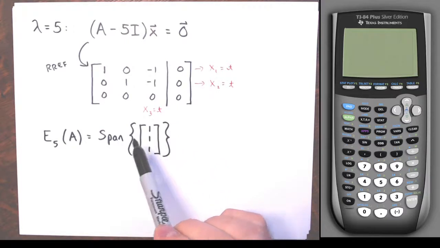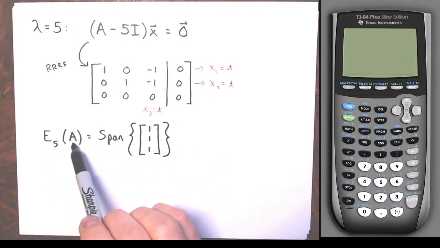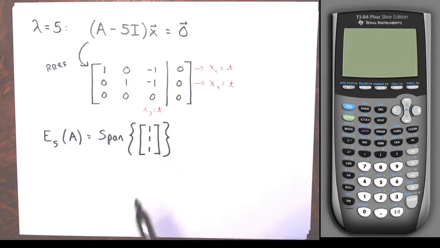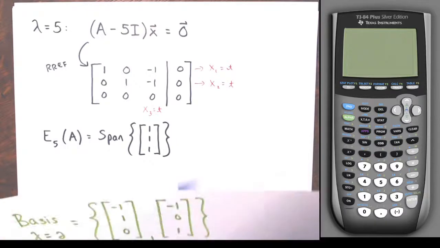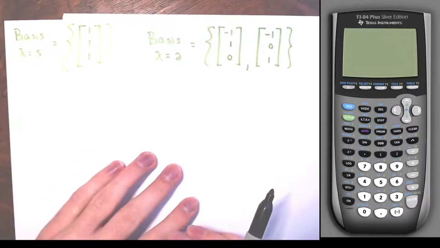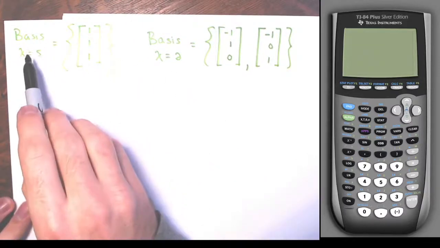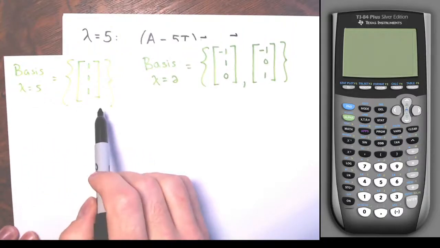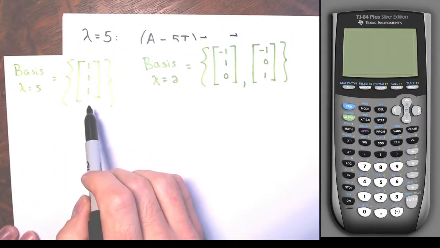So the eigenspace of A corresponding to lambda equals 5 is just the span of the vector 1, 1, 1. So I've got my bases. Here were the bases for the eigenspaces of A.